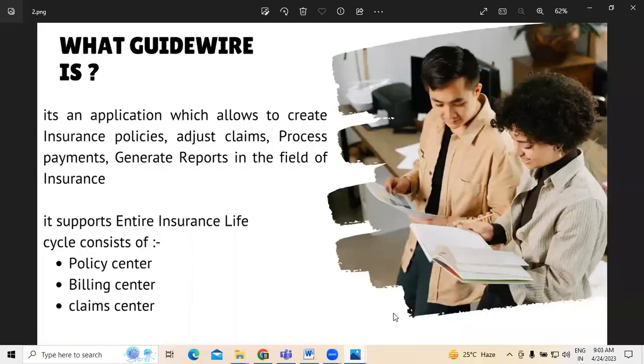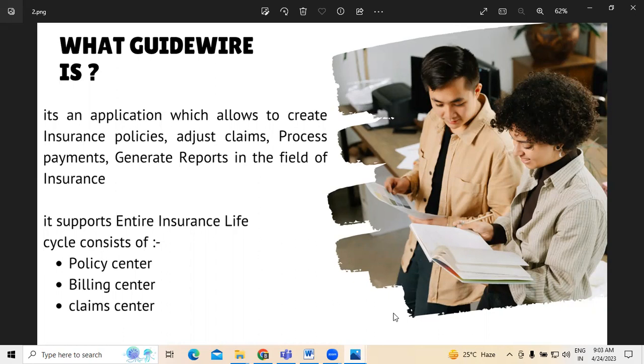The first thing I'm going to discuss in today's session is what exactly Guidewire is all about. As I stated some time back, Guidewire is an application which majorly allows creating different insurance policies in insurance companies.